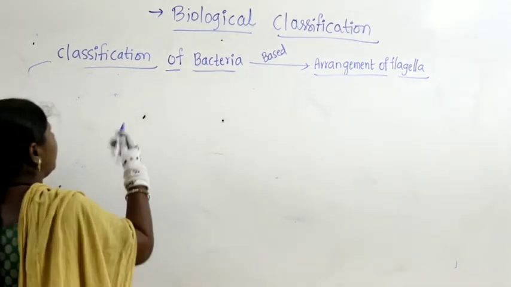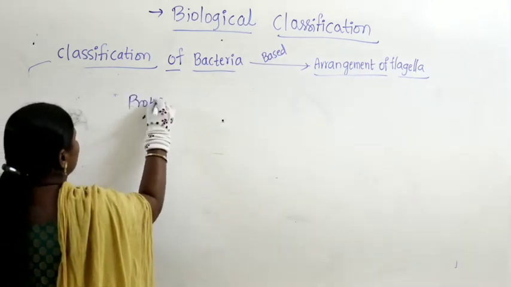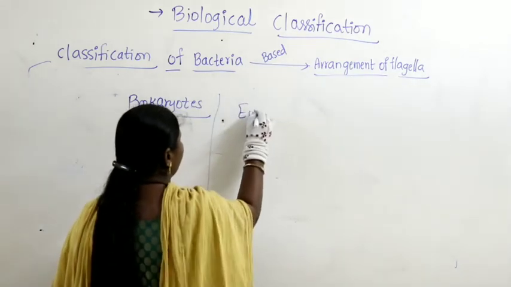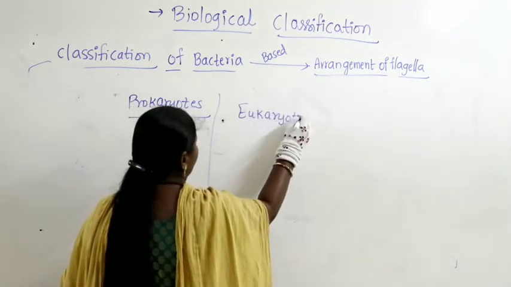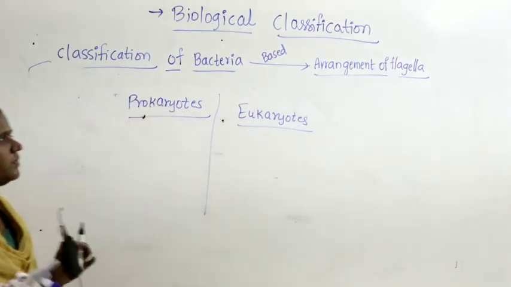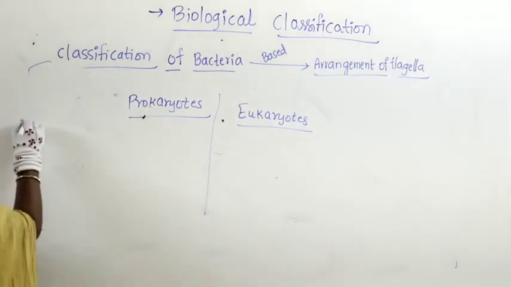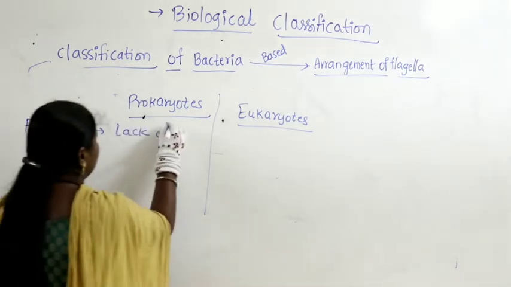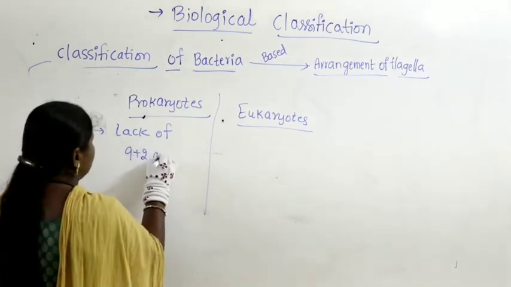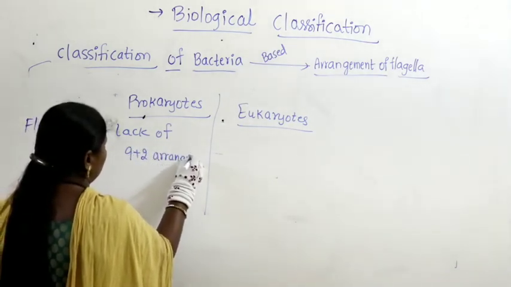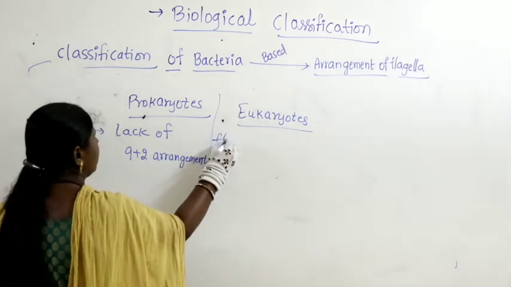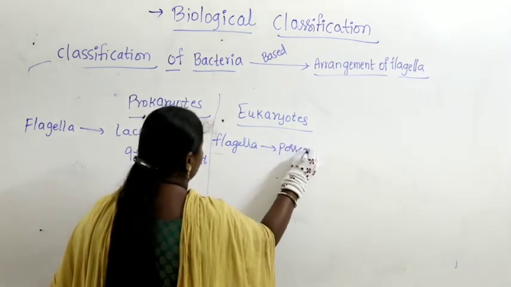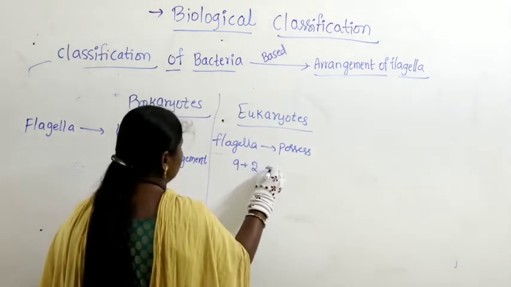Now here, let us differentiate prokaryotes as well as eukaryotes with one point. What is that one point? Flagella. In prokaryotes, flagella lack the 9+2 arrangement. In the case of eukaryotes, we say flagella possess the 9+2 arrangement.